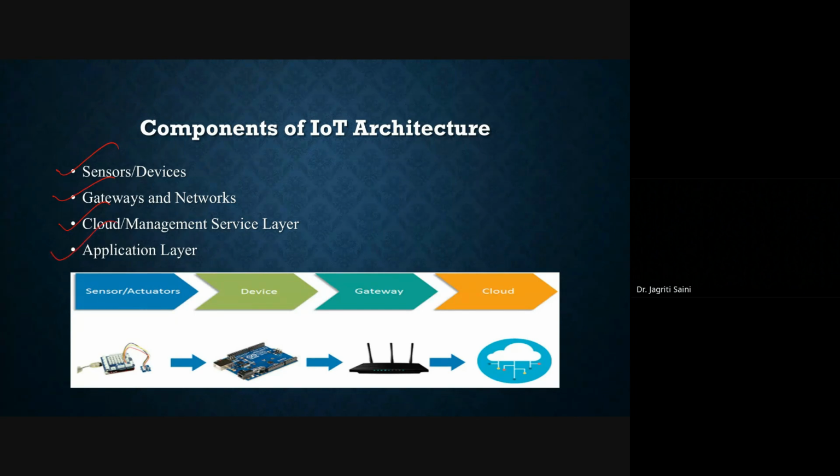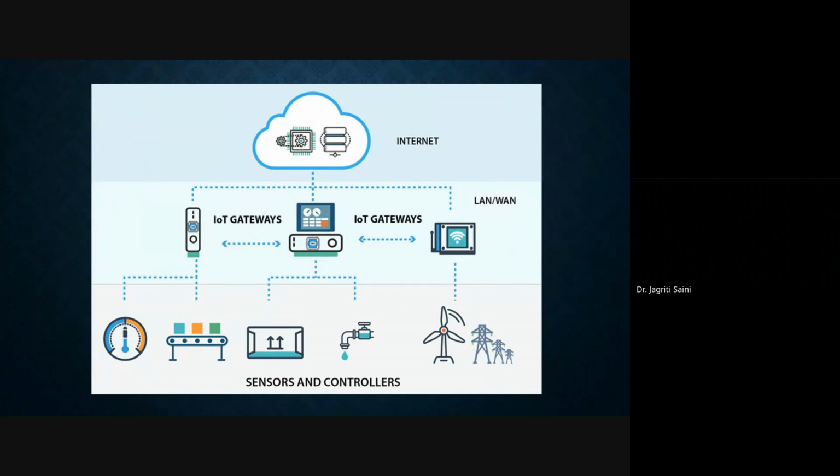And ultimately, there should be an application layer. So they, in combination, form your IoT architecture, and in layer by layer connectivity, they enhance your data transfer from one end to other, starting from sensors to actuators, to ensure some decision making in the field environment.